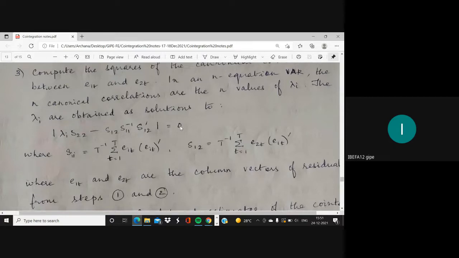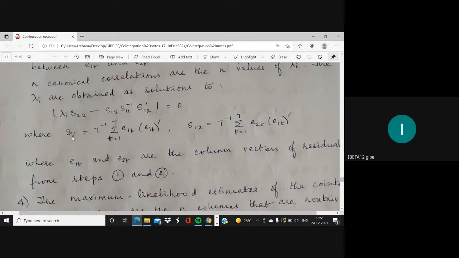Again, you don't have to bother too much what these equations are. You're trying to find out what is lambda i, solve for lambda i itself. So here what is S22, S12 and so on. If you look at this, Sii refers to both S11 as well as S22. So what is Sii?